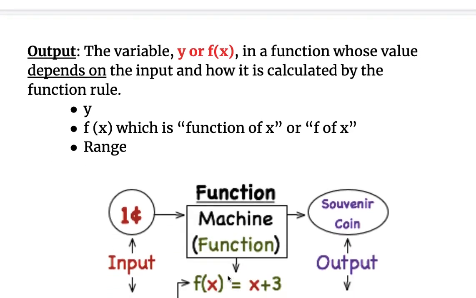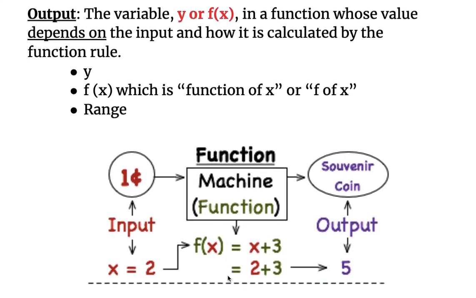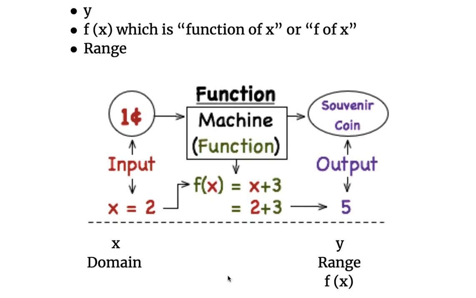So if we were to think about the function like a machine, we would see that there's an input. So this function machine is like one of those coin machines. You put in money and then it gives you a souvenir coin. The input would be your x or domain, and it would be the 1 cent, the penny that you put into the machine.